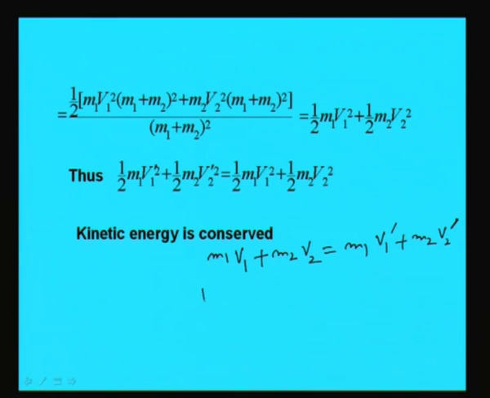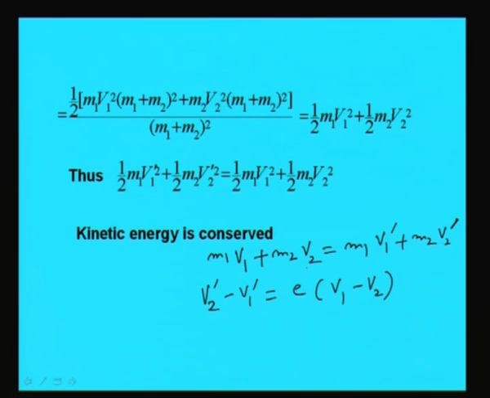One equation is this, and the other is v2 prime minus v1 prime is equal to e times (v1 minus v2), because the velocity of approach is v1 minus v2 and the velocity of separation is v2 prime minus v1 prime.